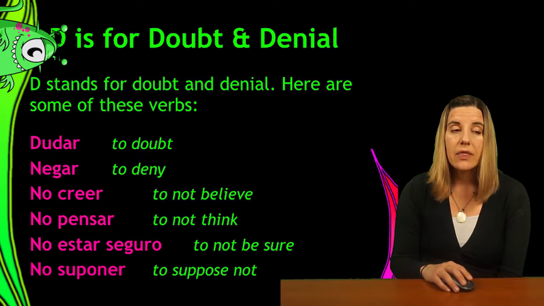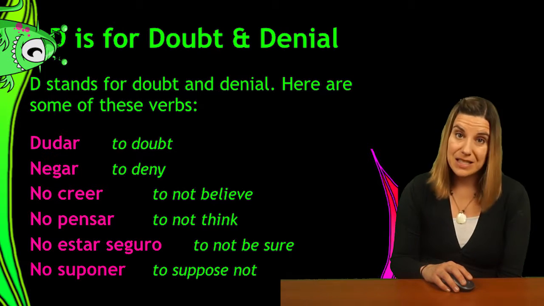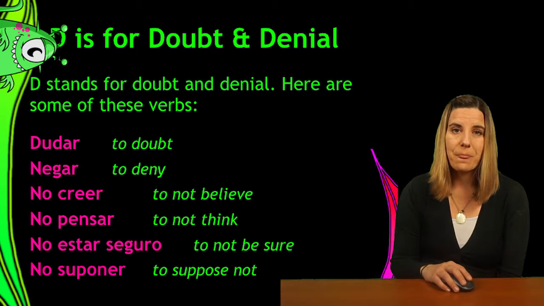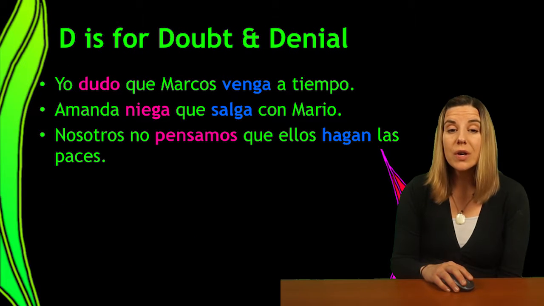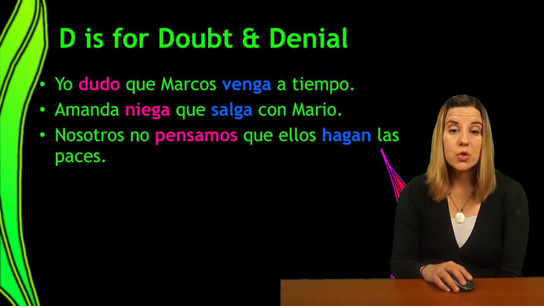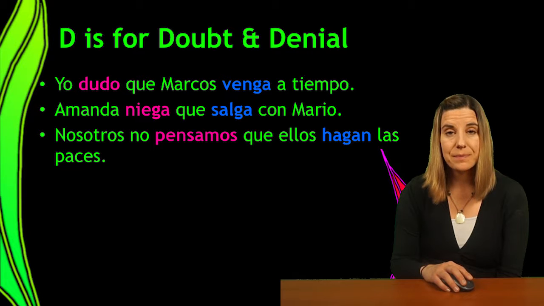So the opposite of certainty is the subjunctive. Yo dudo que Marcos venga a tiempo. Amanda niega que salga con Mario. Nosotros no pensamos que ellos hagan las paces.